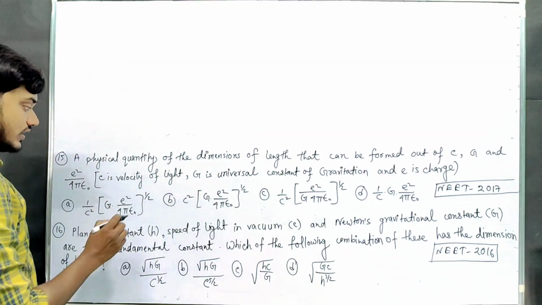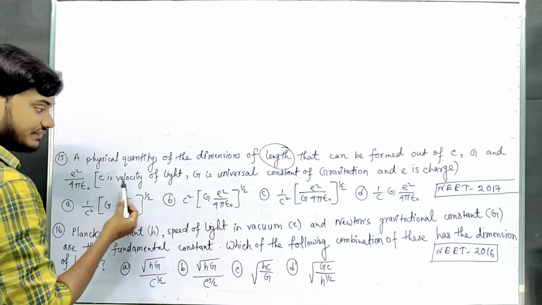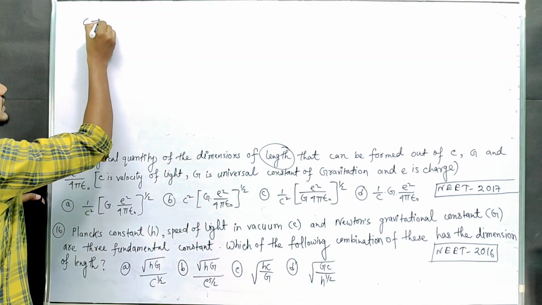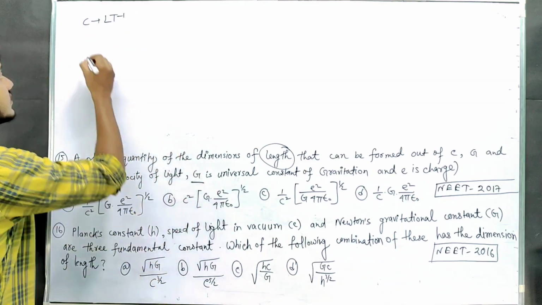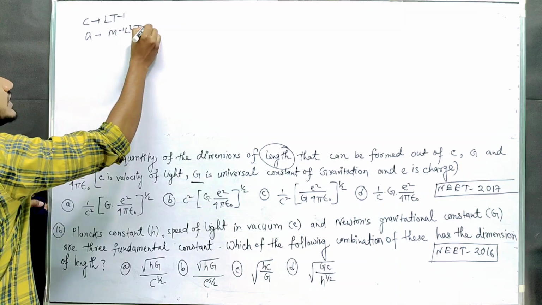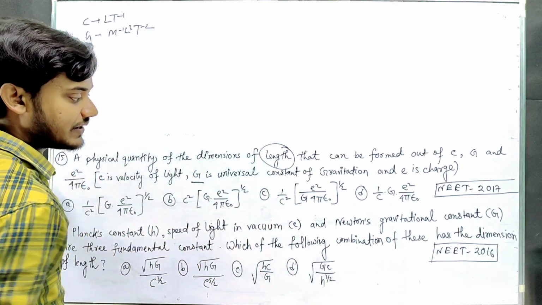Okay, so we have to find the dimensions of length in terms of this. So C is the velocity of light, so the dimension of C is LT inverse. Next, dimension of G, M inverse L cube T inverse 2. Next, the dimension of E square by 4 pi epsilon naught.